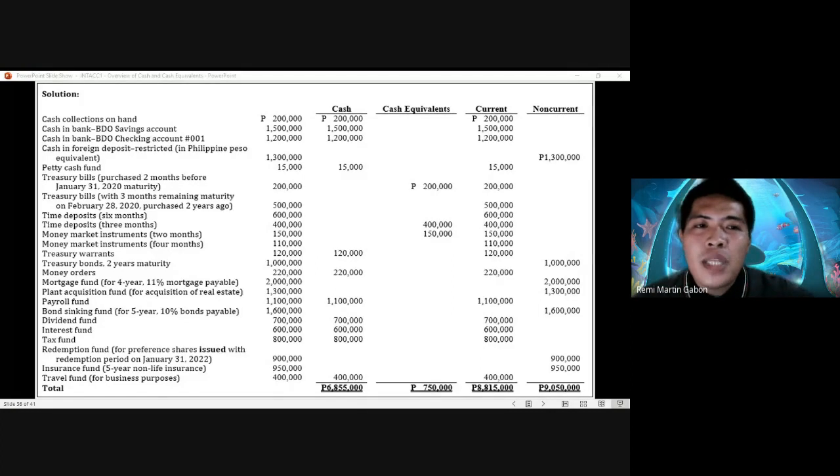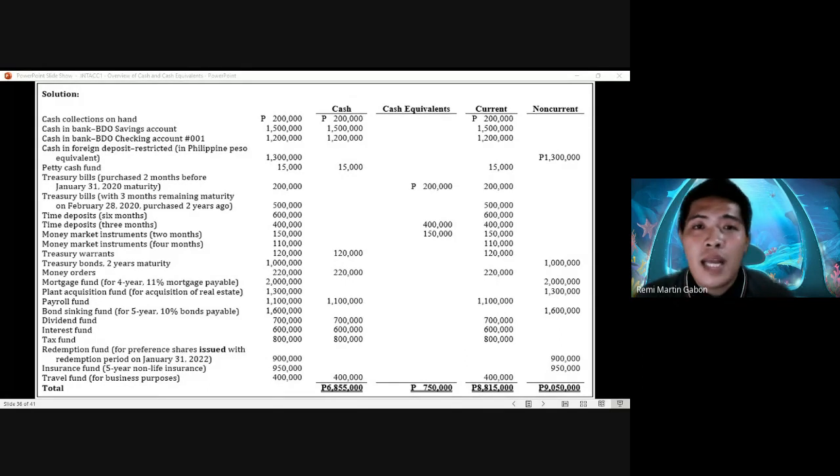Eh yun nga lang purchase 2 years ago eh. So doon pa lang sa general criteria, X na. Then the problem did not provide na for short-term cash commitment siya. So yan pa lang, X na sa cash equivalent.